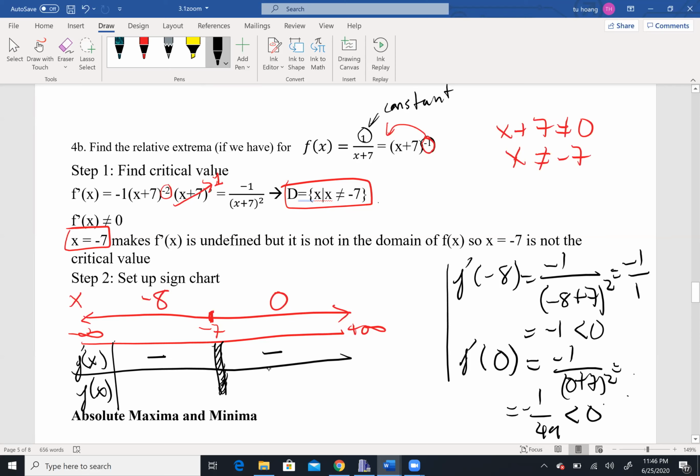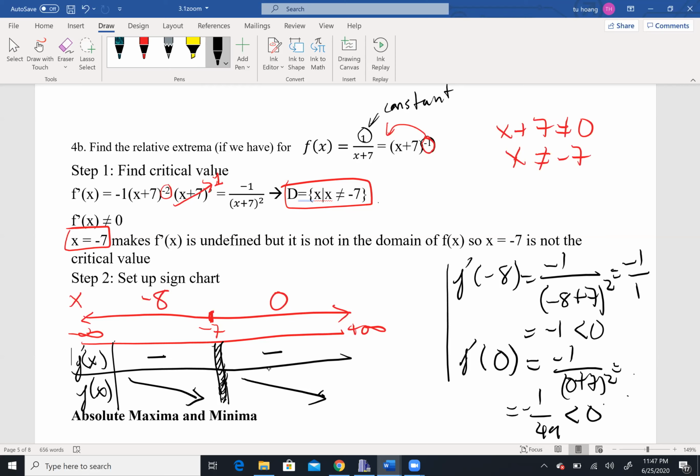Oh, and I forgot to move to f(x). Since f'(x) is negative, f(x) has to be decreasing. Similarly, on the interval from negative 7 to positive infinity, you will still have it going down.